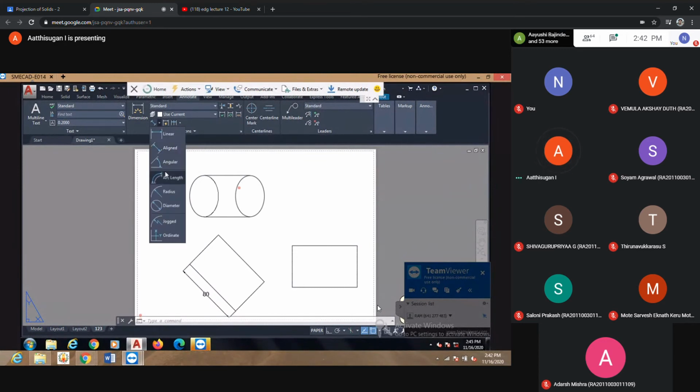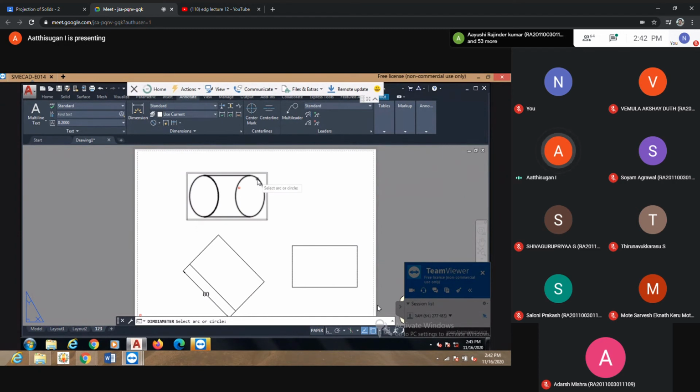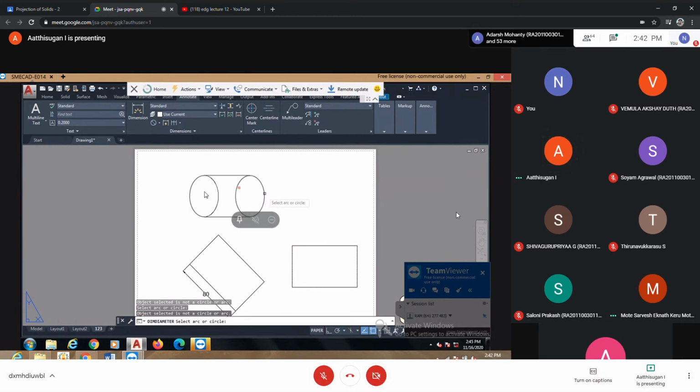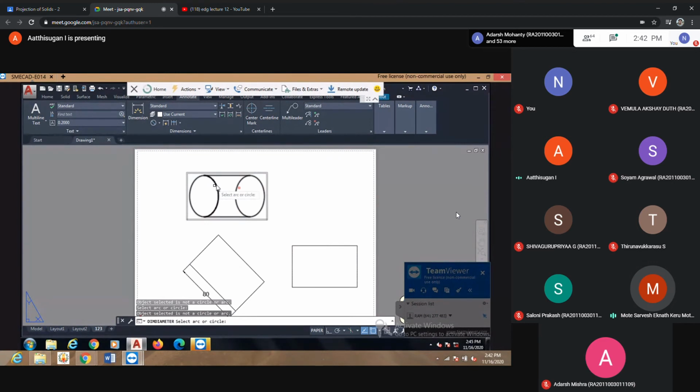Go to radius or diameter, just click this circle. Not coming here. That is why I was saying it was not coming, sir. Yeah, wait. Otherwise, we selected the cylinder now.